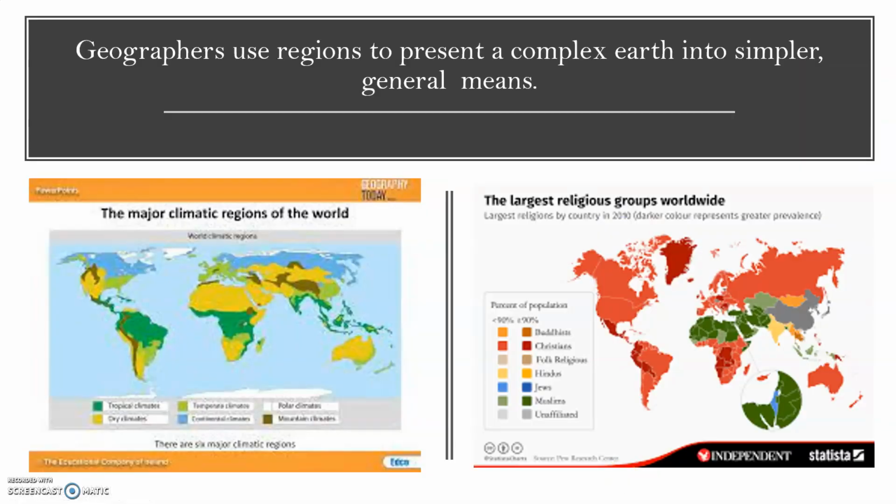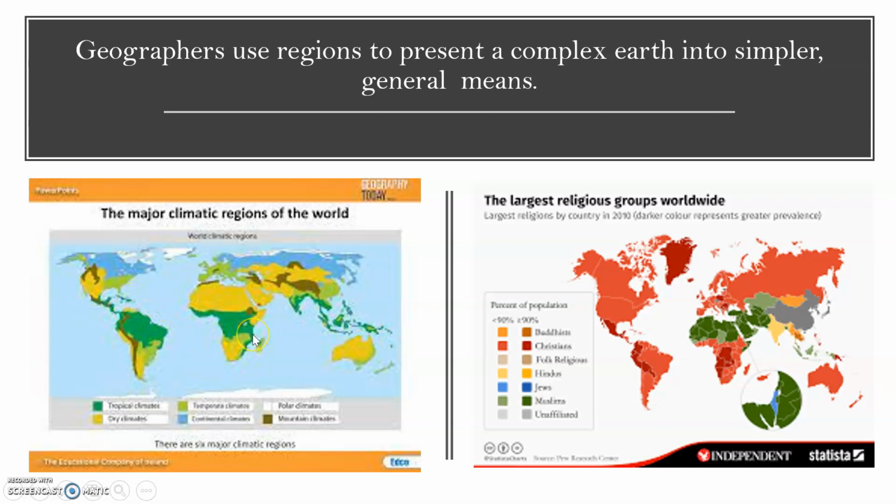And geographers use regions to present a complex Earth in simpler, general means. So if you were to look at this map on the left of climatic regions of the world, instead of having to say, oh, Brazil has a tropical climate, so does Honduras, so does Angola, so does Vietnam, we can just take a world map and code all of those areas that have a tropical climate.